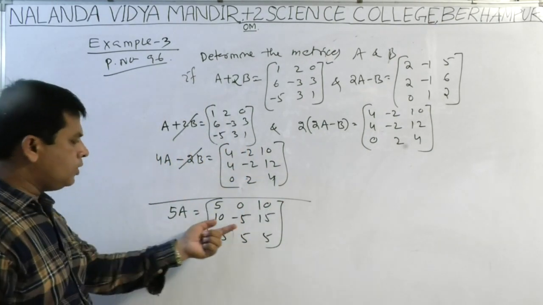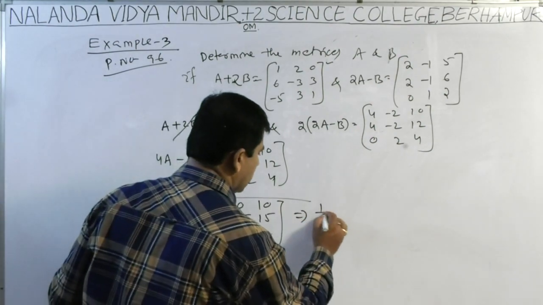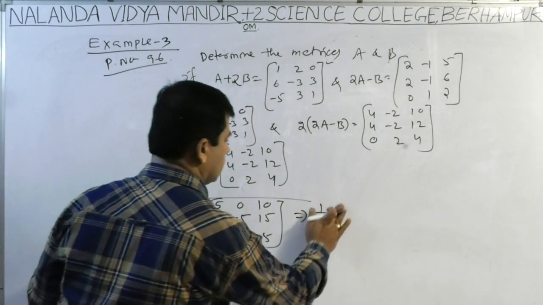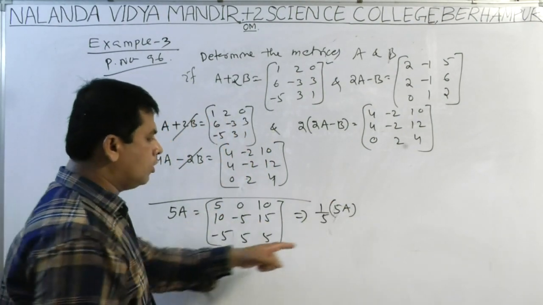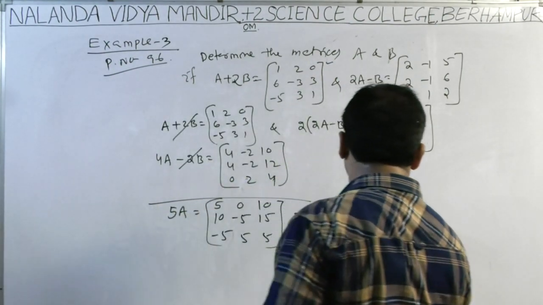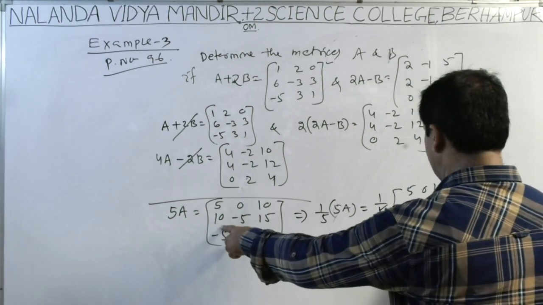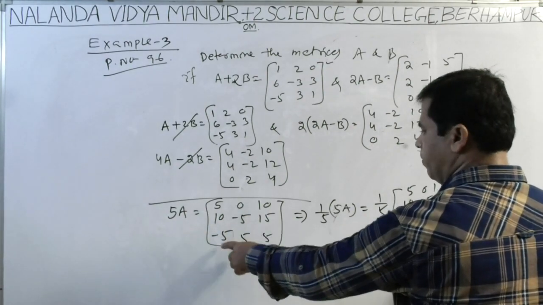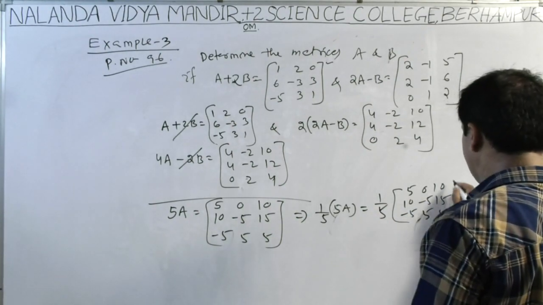Okay, if 5A is equal to this, therefore A is equal to this. We can multiply both sides by 1 by 5, cancel out 5 and 5, and we get A on the left hand side. This implies A is equal to 1 by 5 multiplied by the matrix [5, 0, 10; 10, -5, 15; -5, 5, 5].